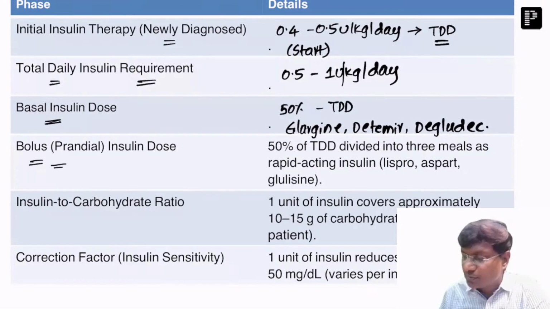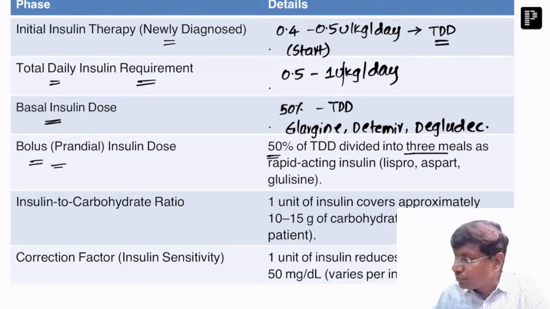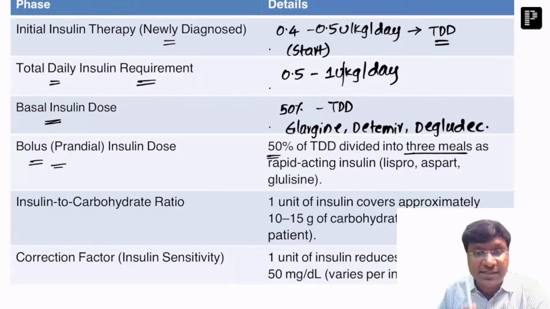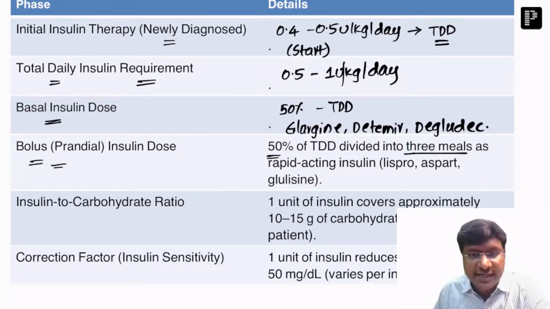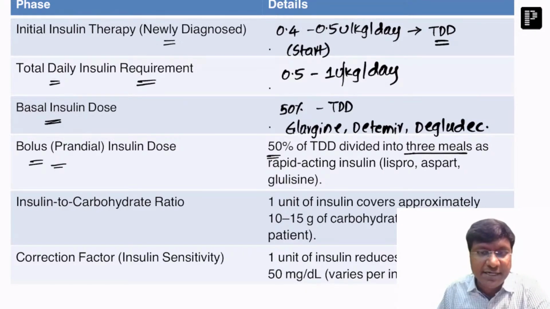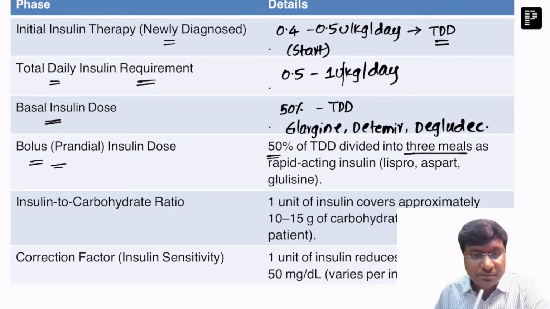Then coming to the bolus insulin, the remaining 50% of the total daily insulin dose will be the bolus insulin. Now, this bolus insulin should be divided into 3 meals as rapid acting insulin. What are those rapid acting insulins? Either you can give regular insulin or Lispro, Aspart, or Glulisine. That will be the bolus insulin, right?